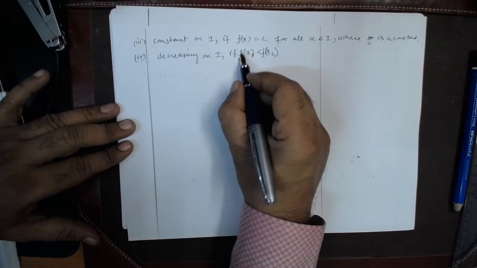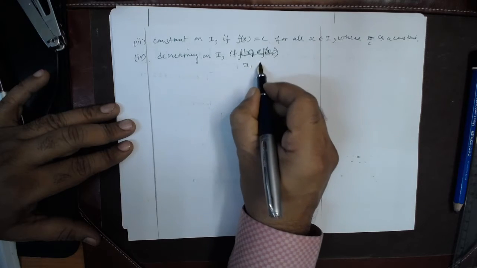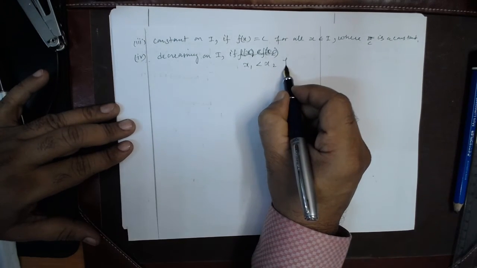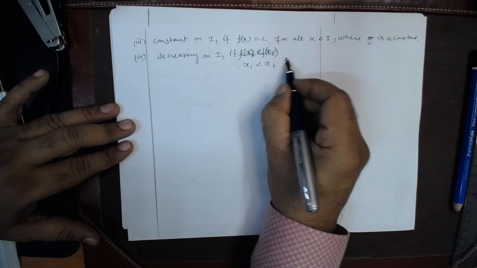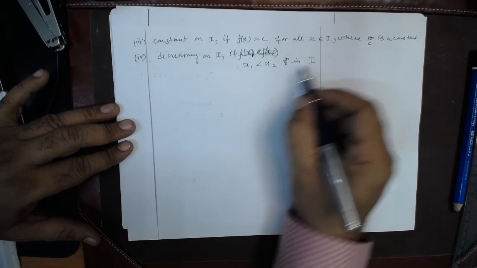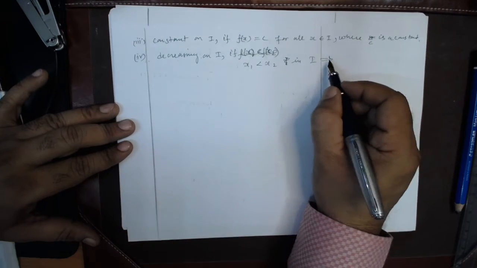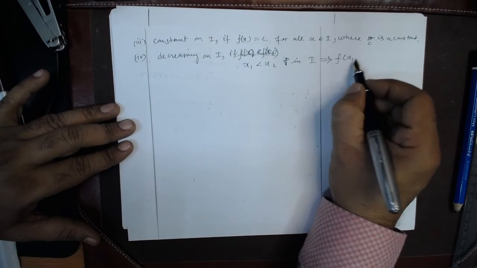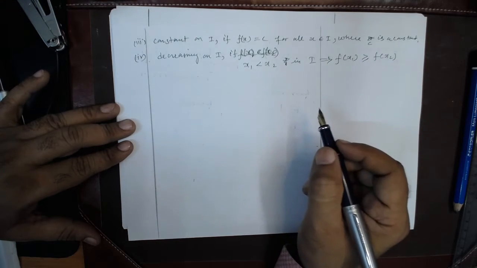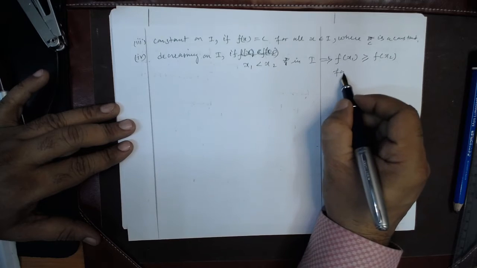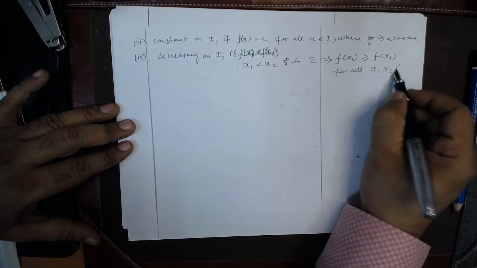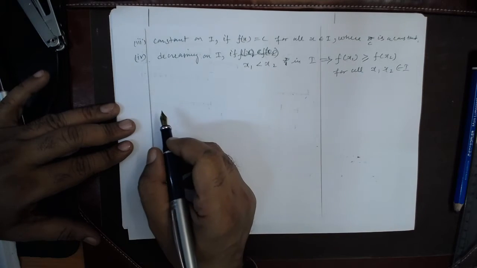I'm sorry, if x1 is less than x2 for all in the interval I, that implies f of x1 is greater than or equal to f of x2 for all x1, x2 belonging to that interval I.